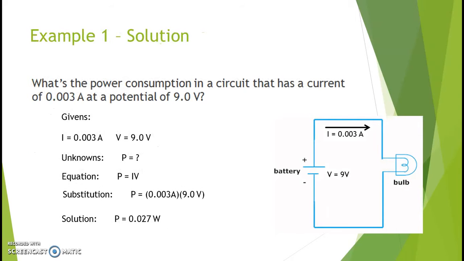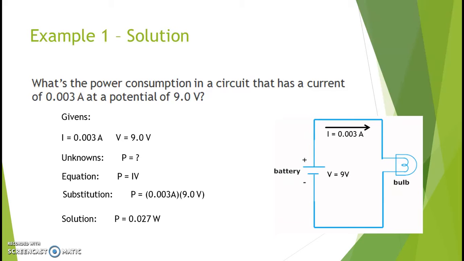Okay, so back to our question. Our solution was P equals 0.027 watts. And if we were in grade 11, that would be a correct answer. We could underline it. We can say that it's a pretty small circuit with low current, and so the answer is reasonable at a very small wattage. No big deal. We can say that our answer makes sense.